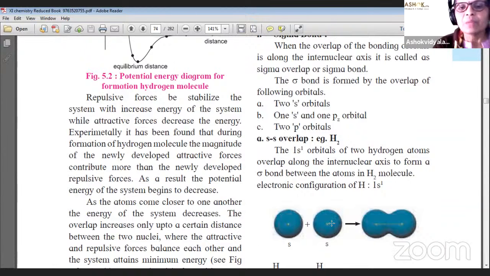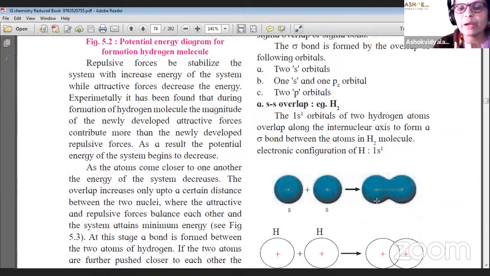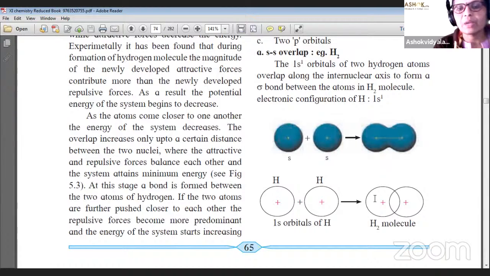When they overlap along their internuclear axis, these being the nuclei of the two hydrogen atoms, the covalent bond forms by overlapping of the two 1s orbitals along their internuclear axis, and the H2 molecule is formed.